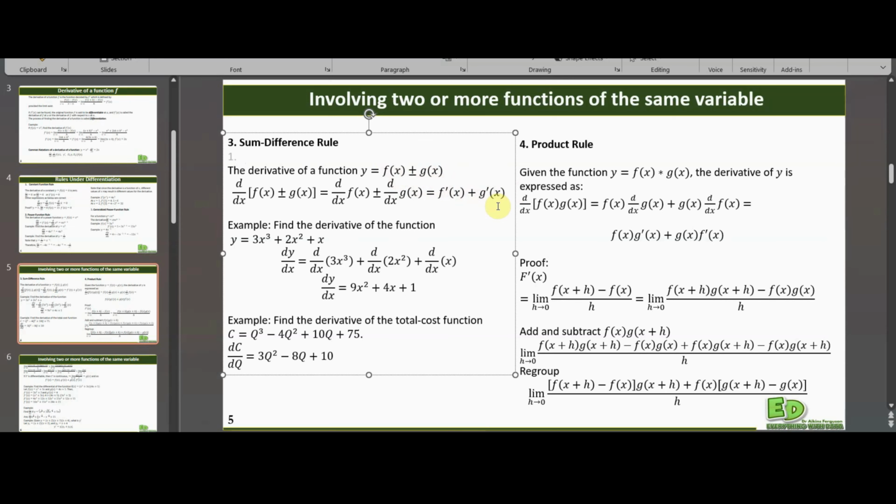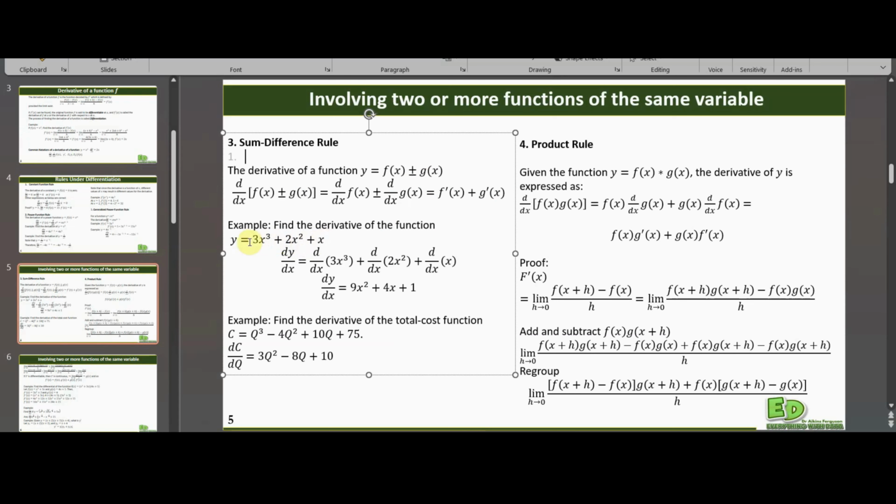So let's look at this typical practical example under the sum or difference rule. We have an example which is saying find the derivative or find the differential of the function y equals 3x cubed plus 2x squared plus x.